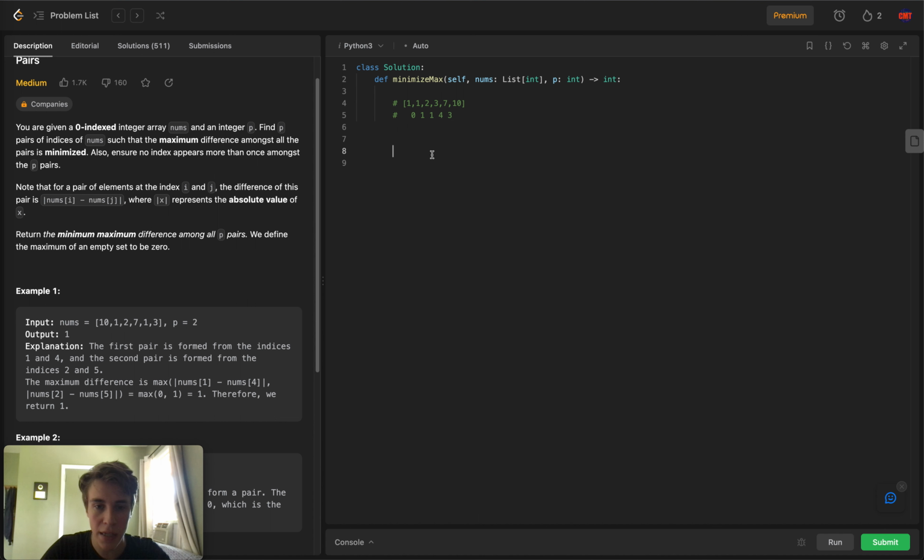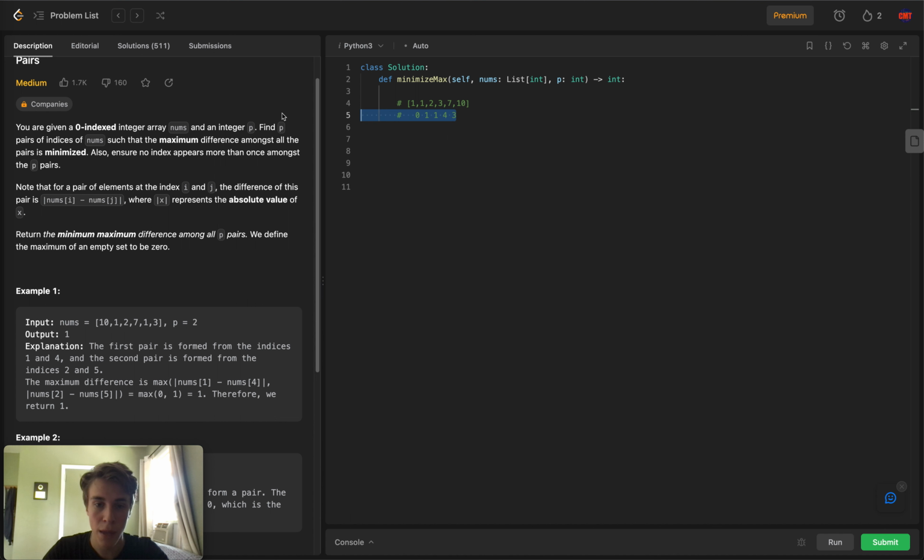Yeah, it seems like there's no way that I can get into a local minimum, and if I can't get into a local minimum, then why can't I just traverse the array and figure out if a minimum difference that I'm considering is valid or not. Because here's what I'm thinking at this point.